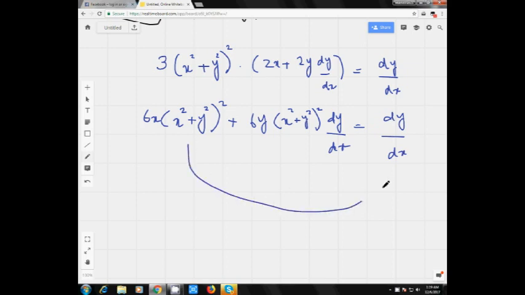Shift this quantity to the other side and bring that one to here, and take dy by dx as common.